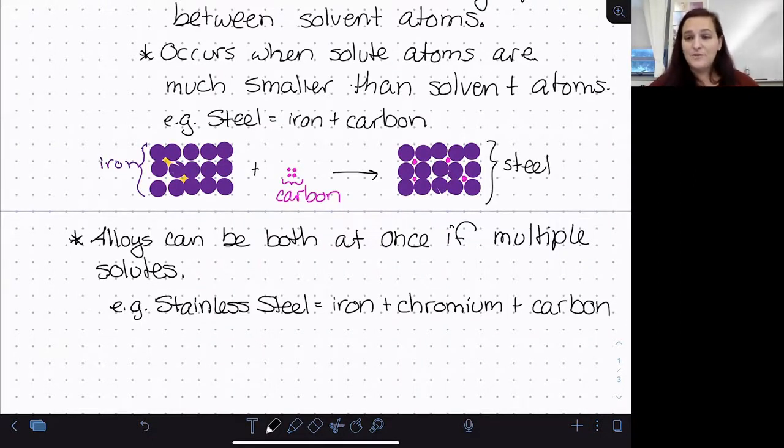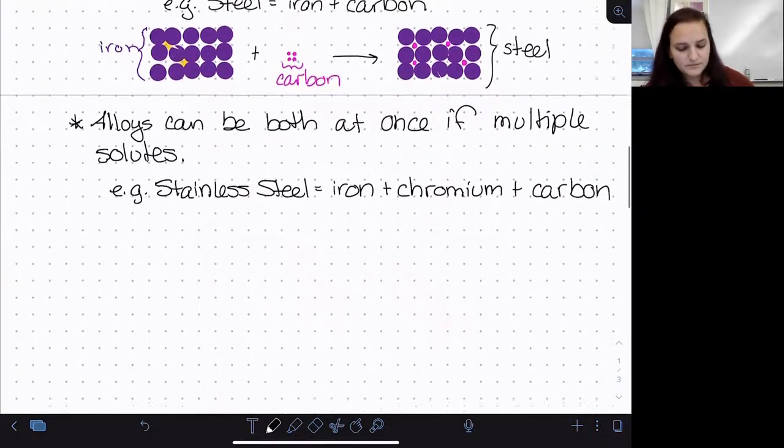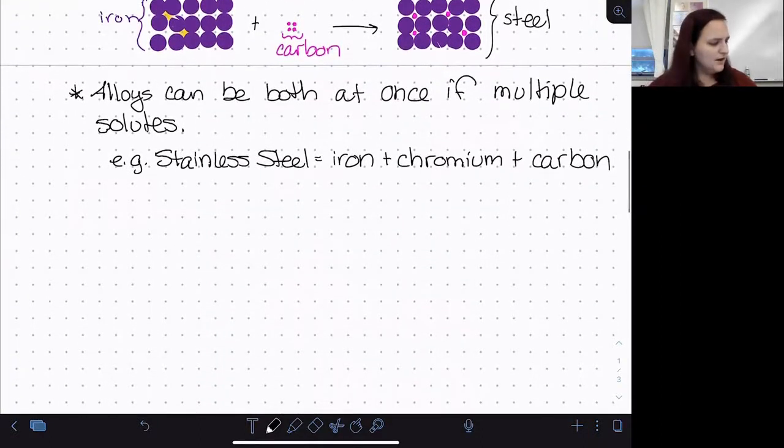So adding chromium to steel gives you something that is really, really strong, as well as really, really rust resistant, because you're getting that property from the addition of chromium. So it's still mostly iron by mass. Usually somewhere in the ballpark of 10% chromium is added, along with the same 2%-ish of carbon, and the rest being iron.